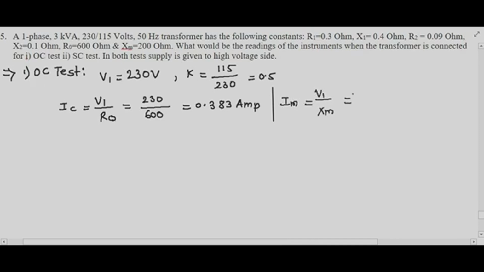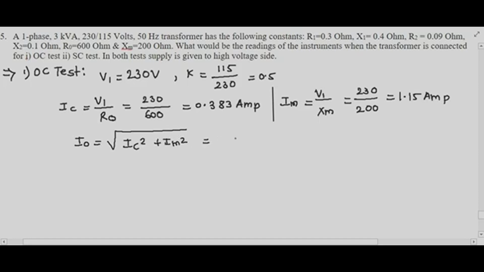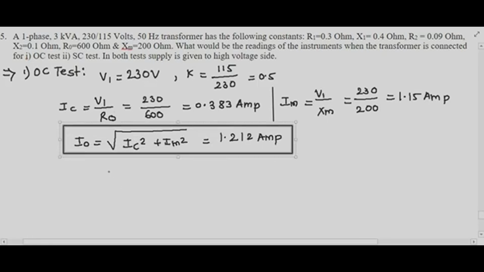V1 is 230 volt, Xm given in the problem is 200. So it will be 1.15 ampere. What is my I0? I0 I can write down as square root of IC square plus IM square. So you will get it as 1.212 ampere.